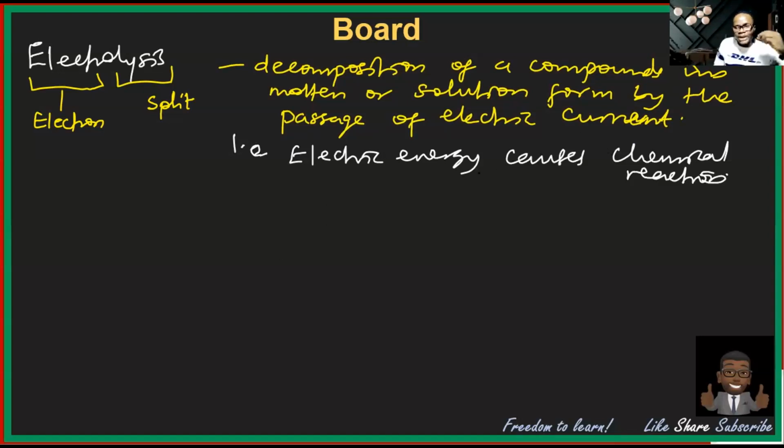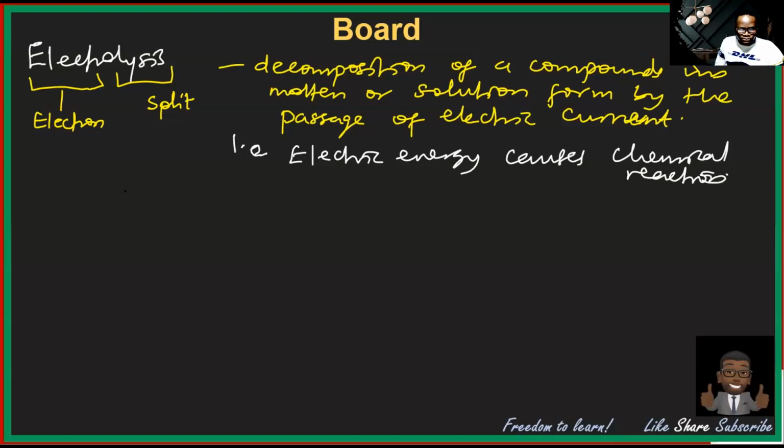Now, the chemical reaction, what type? Because we have different types of chemical reaction. This chemical reaction is a decomposition reaction. So the kind of chemical reaction we are talking about here is a decomposition, splitting, breaking.